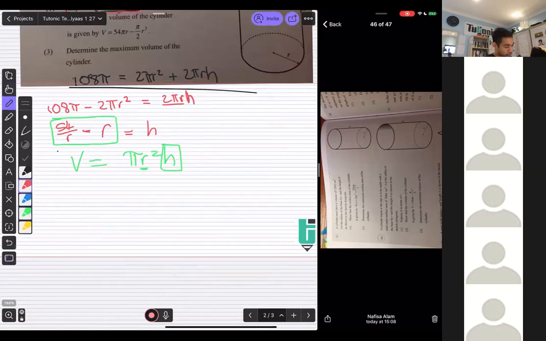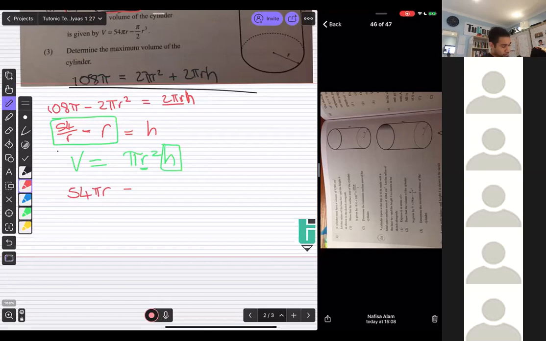So what's 54? It's going to be 54 pi r, right? Because it's going to be r squared times r over r, and then minus. I'm missing something here.